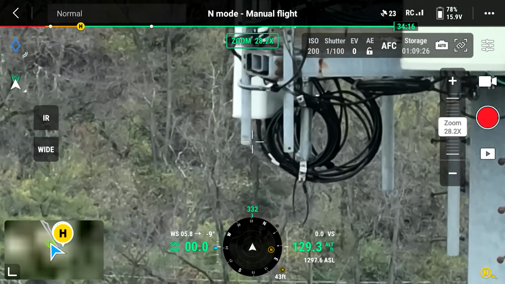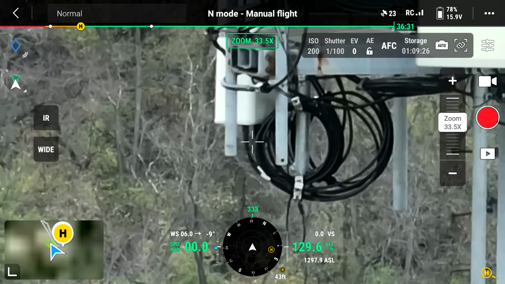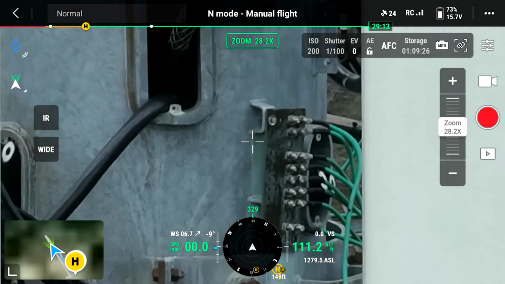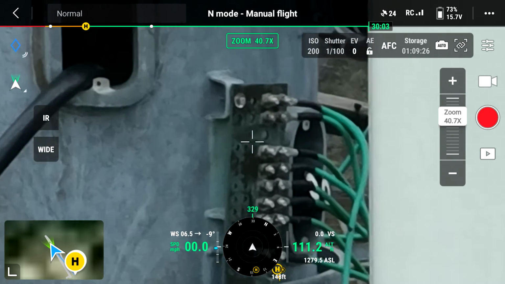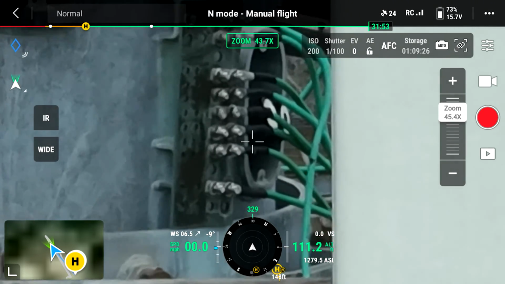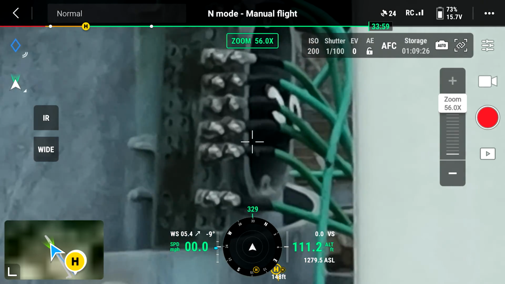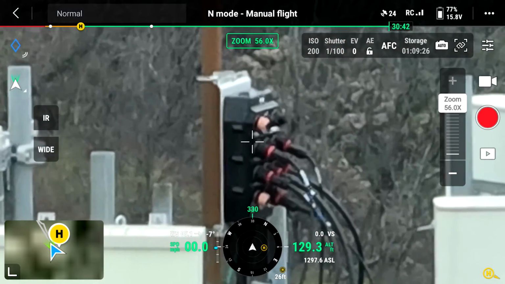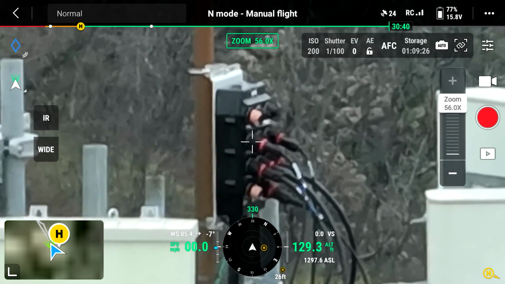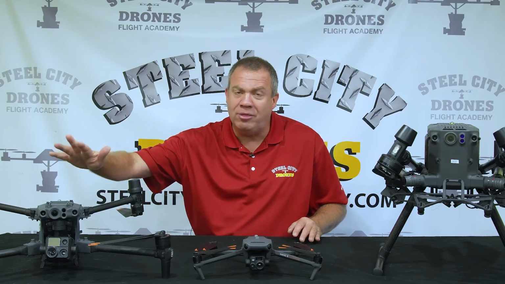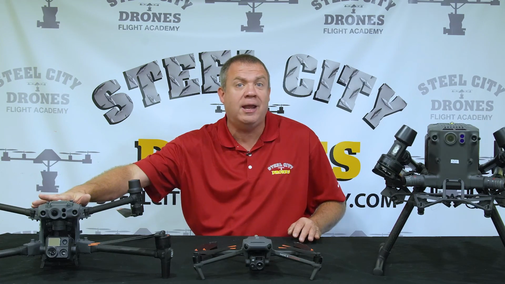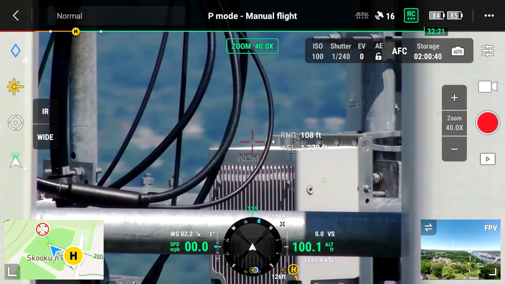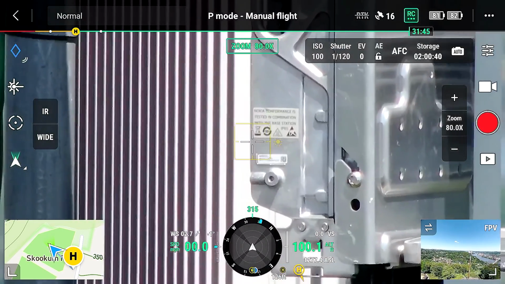Because as you can see, when we were at 200 feet away, we really can't get any real clear, close up type of shots where we're looking for conditions of cables or connectors or bolts, for example, and we're not going to really be able to read any kind of labels or tags if we need to get that with this at 200 feet away. And even with this aircraft, that's stretching it even a bit. So that really tells you a lot. And then when we have the Matrice 300, it's no problem at all being able to do that.